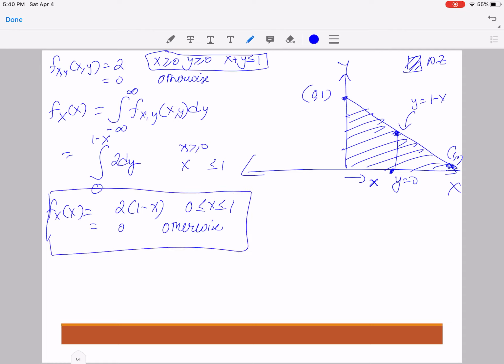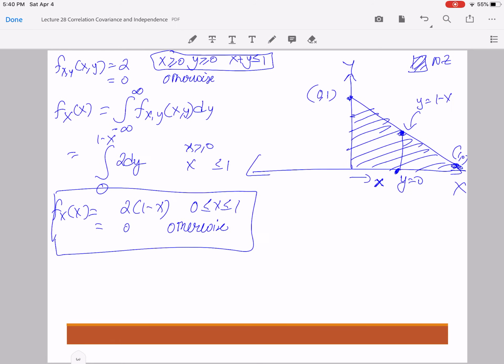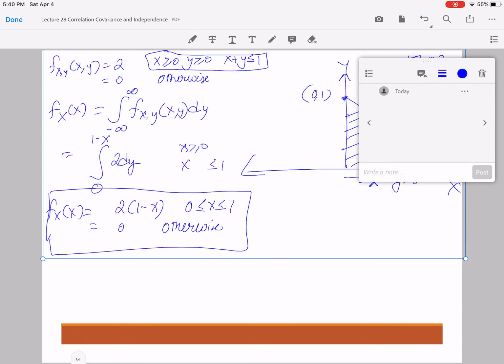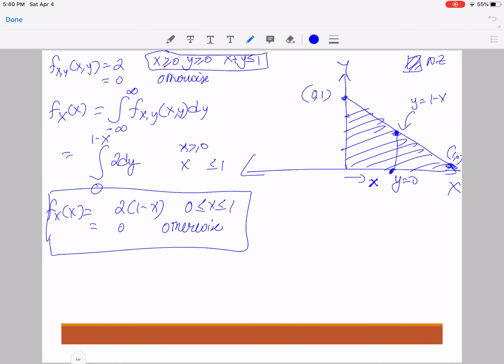Now, when we evaluate the marginal PDF of y, this process is going to start all over again. Many students continued from here onwards, and then they decided that the limits for x will be from 0 to 1. That is incorrect. When you calculate the marginal PDF, the process starts all over again. So when I would like to find the marginal PDF of y, I'll again evaluate the region of non-zero probability and perform integration over the region of non-zero probability.